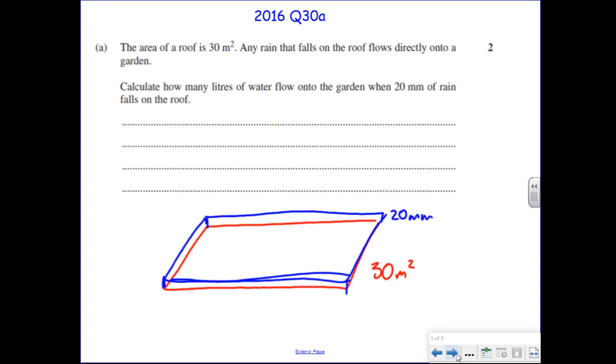Essentially what we're trying to do is find how much water, what's the volume of that very thin rectangular prism. So what we need to do first of all, we can't just do 30 times 20, because as we know, volume equals the base area, which we already know to be 30, times the height, but they need to be in the same unit. So we have 30 meters squared, we now need to change that 20 millimeters to meters.